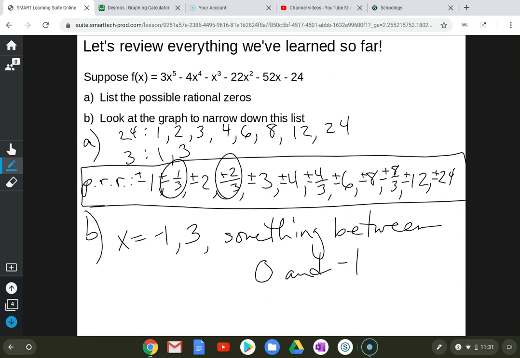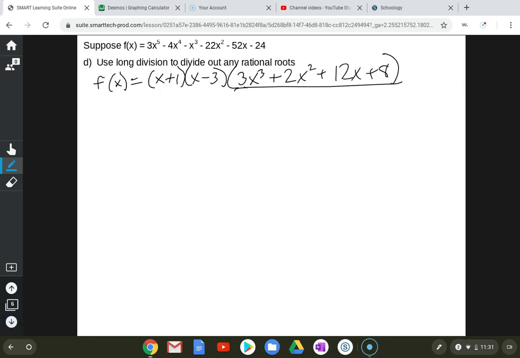So we're going to divide out this guy by x minus 2/3. Now, just so you know, when you're dividing out x minus 2/3, it is sometimes easier if you consider just dividing by 3x minus 2. You end up with the same result, just a little bit cleaner.